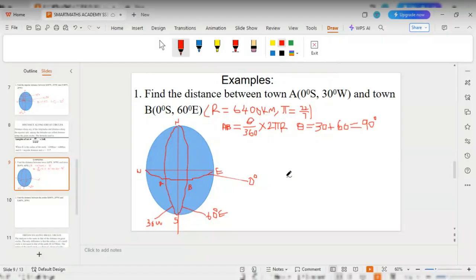So distance AB will now be equal to theta over 360. And what is our theta? 90. That is 90 over 360.